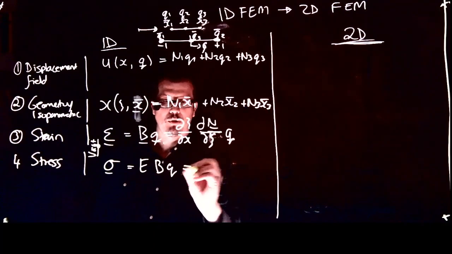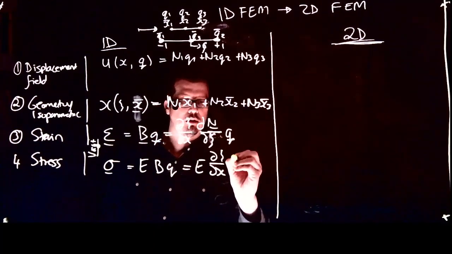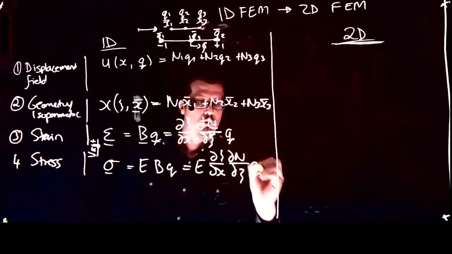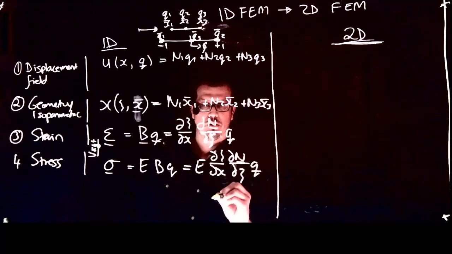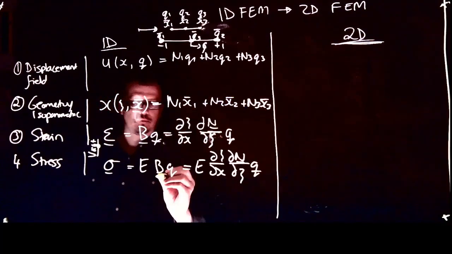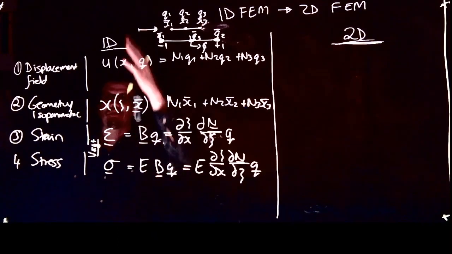So essentially that would be E psi x N psi q. So that's what we have there, like vectors with vectors here. In this case, the E is the scalar. So this is the 1D case.